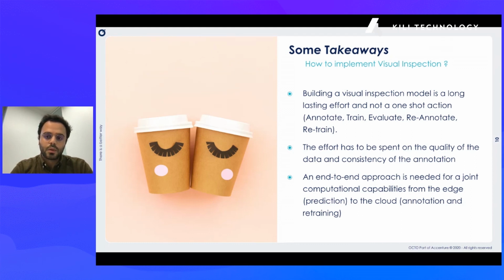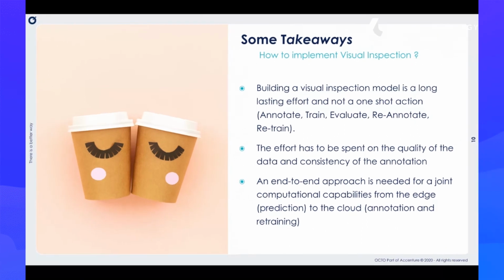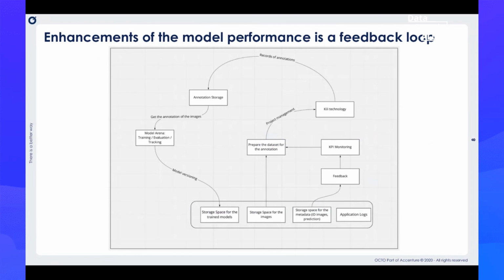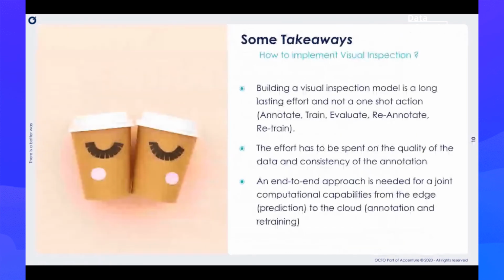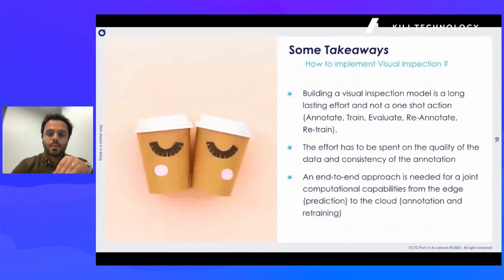A visual inspection system is a long-lasting effort. It's not a one-shot action, and this is why you need to build up this kind of architecture for your project, where the AI factory, the model arena, and the annotation platform or annotation factory are central to your process, because this is a lasting effort.